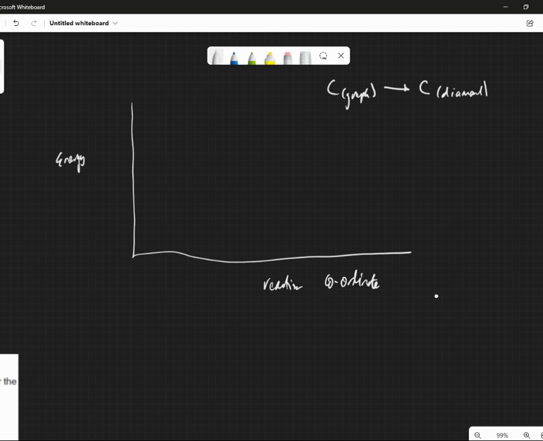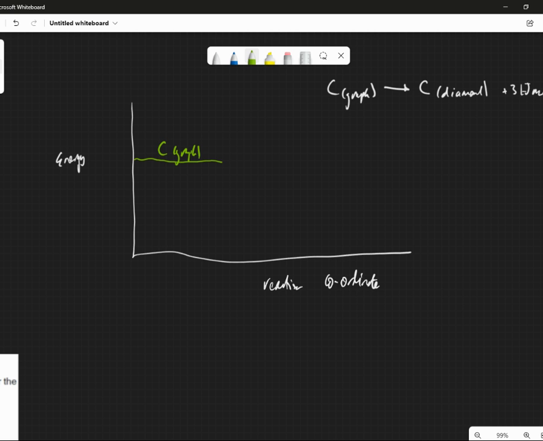And this I believe is +3 kilojoules per mole. There you go. So carbon as graphite turning to carbon as diamond is a change of 3. So let's draw this here. This means this is carbon graphite.